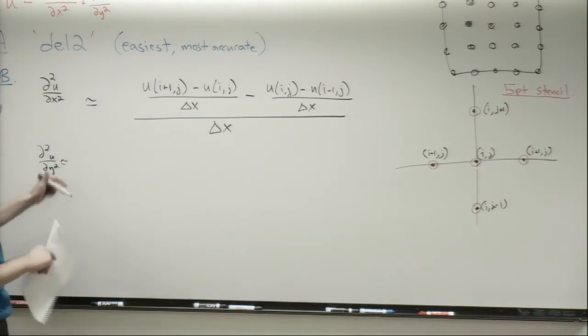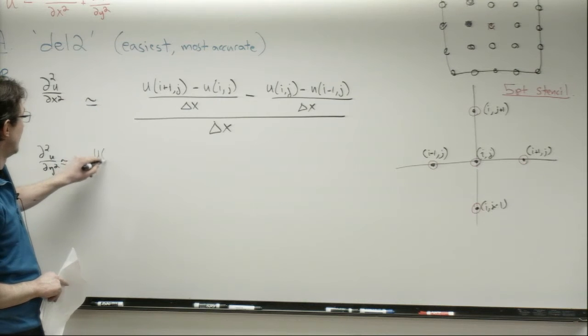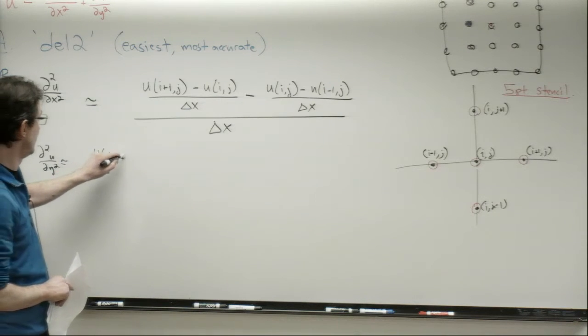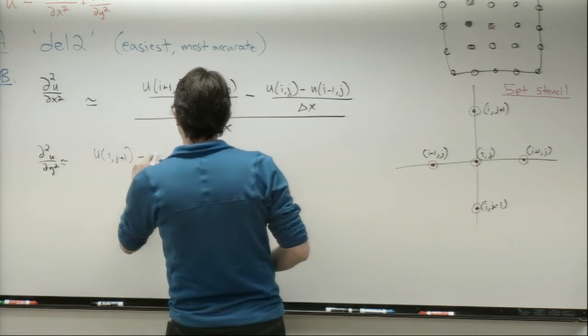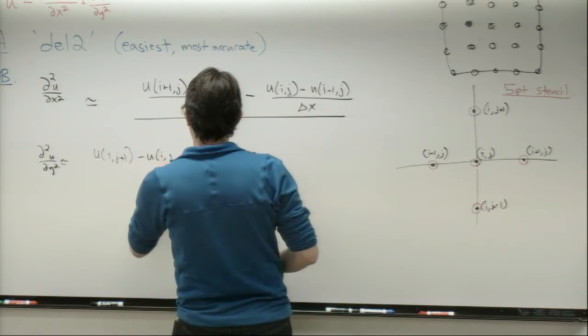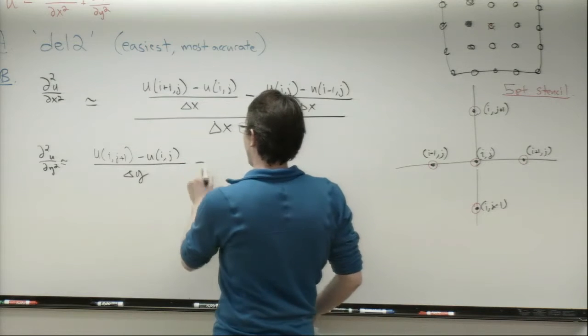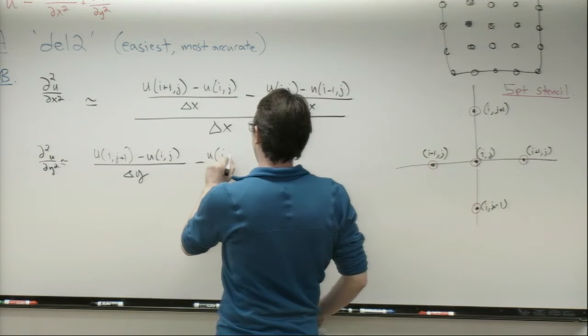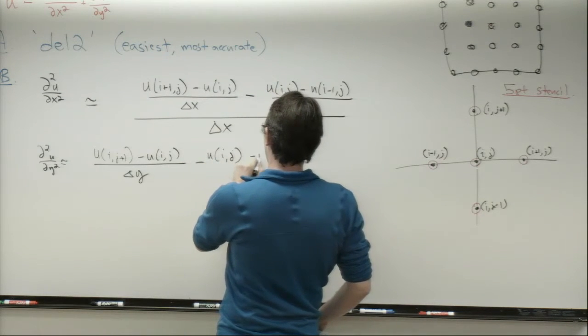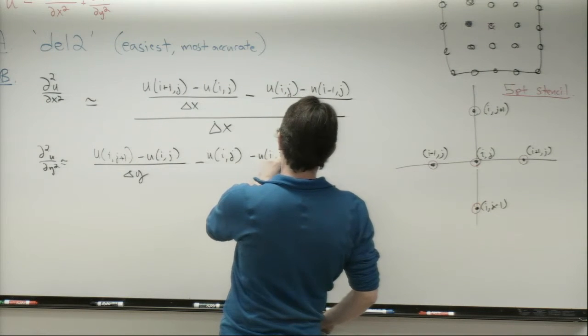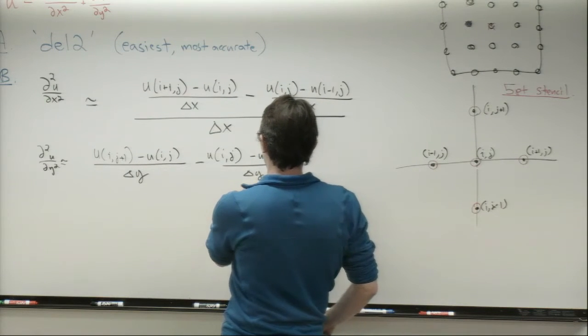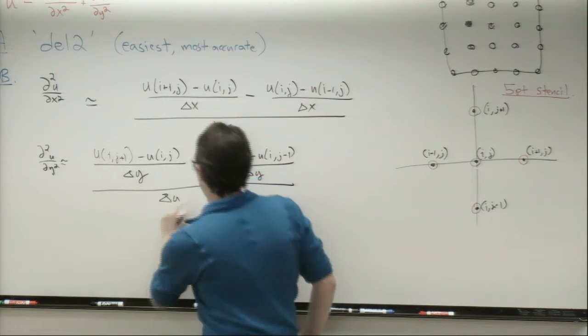So pretty straightforward. We have u i j plus 1 minus u i j divided by delta y, minus u i j minus u i j minus 1 divided by delta y, all divided by delta y.